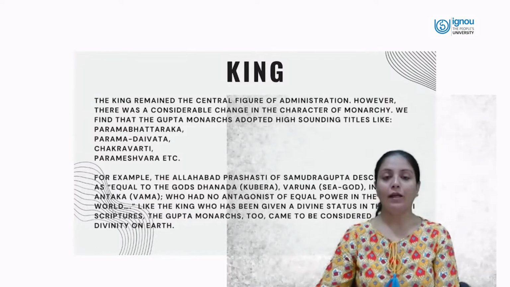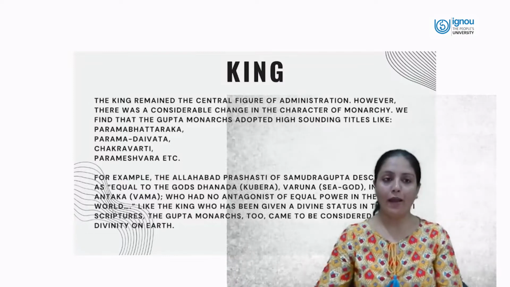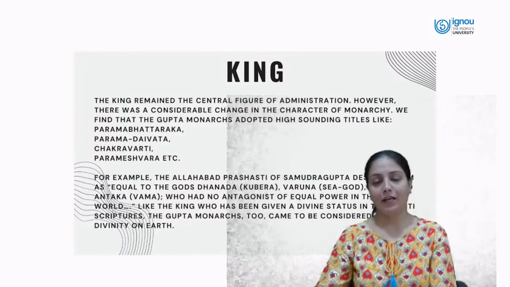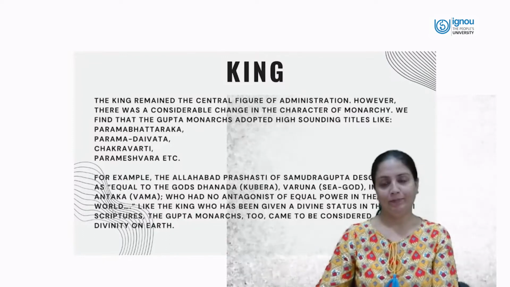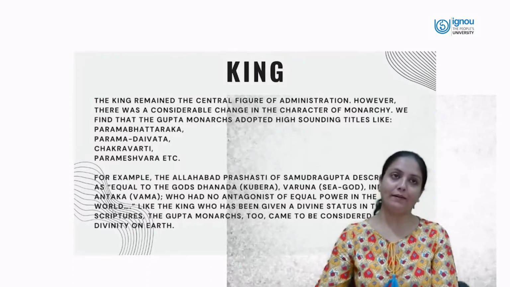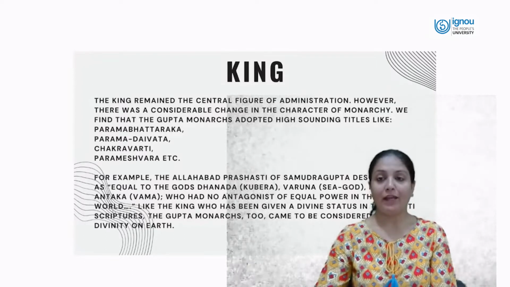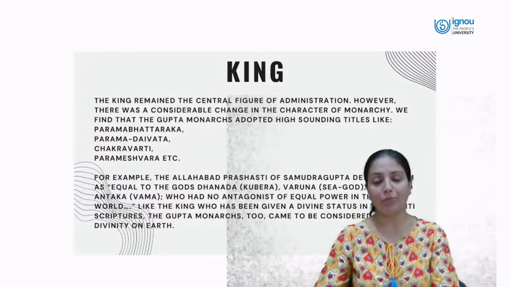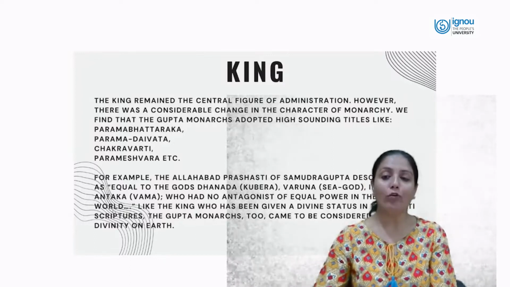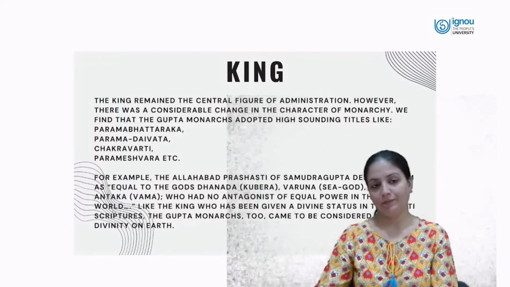I'm going to tell you that the king adopted these titles to show his grandeur in front of his subjects, his praja. That was the main reason, so that every person of the empire would remain under the control of that king.